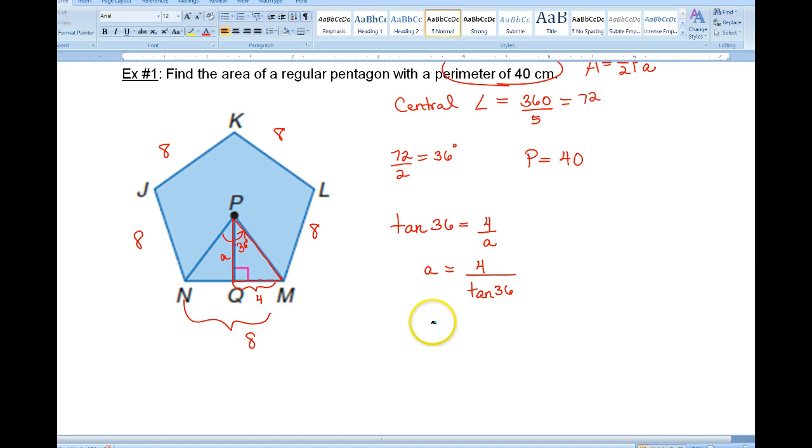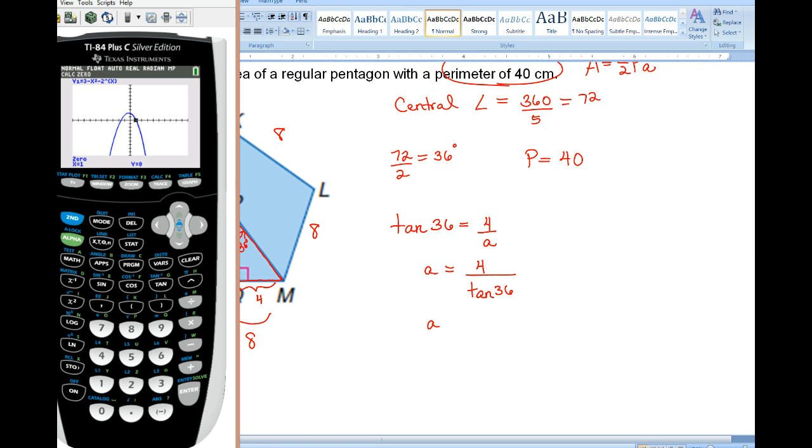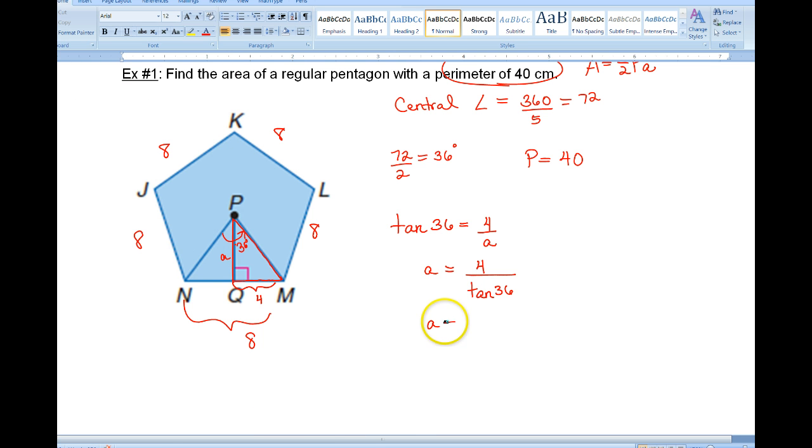So on your calculators, go ahead and plug that in. It's about 5.5.